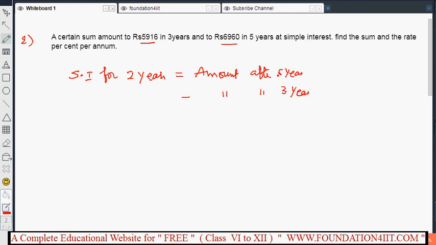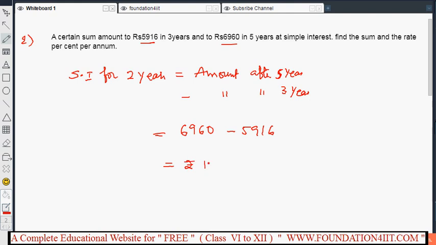Between them there is nothing but simple interest for 2 years. Okay, after 3 years, if 2 years of interest is added, that is nothing but the amount after 5 years. That's what we'll take. That is 6960 minus 5916. Amount after 5 years minus amount after 3 years is simple interest for 2 years, because the gap is 2 years.